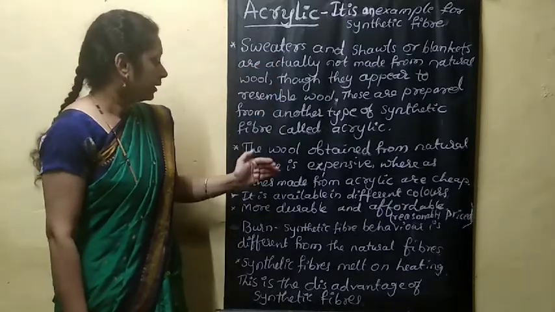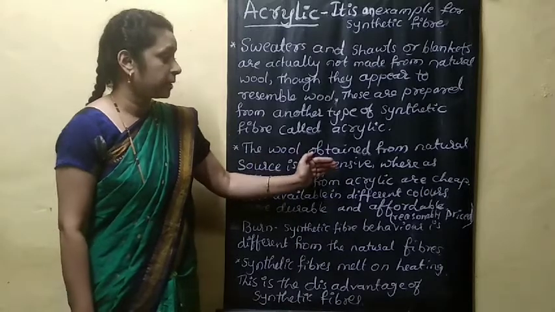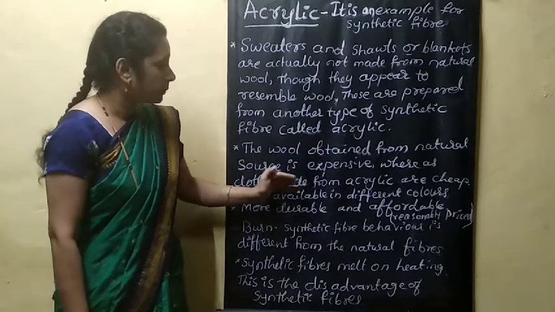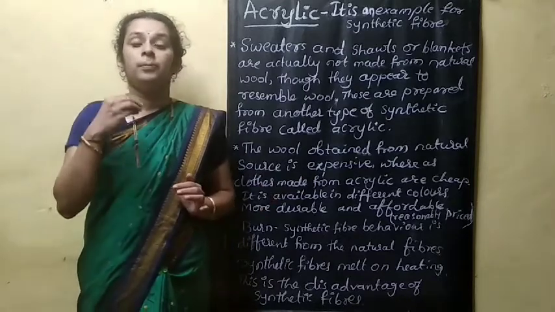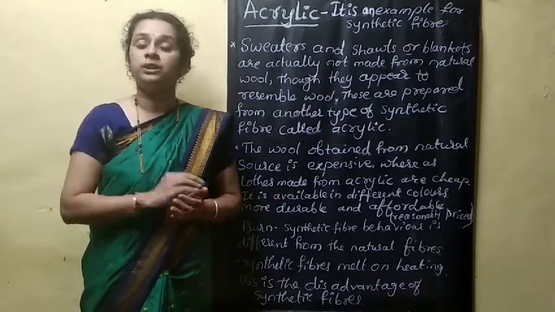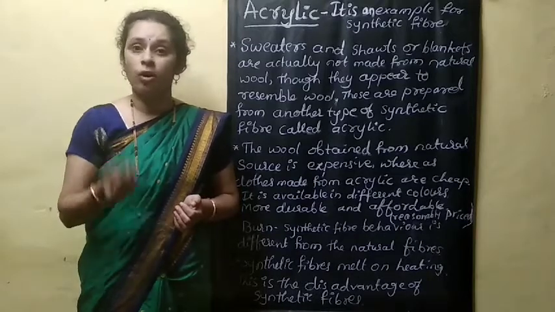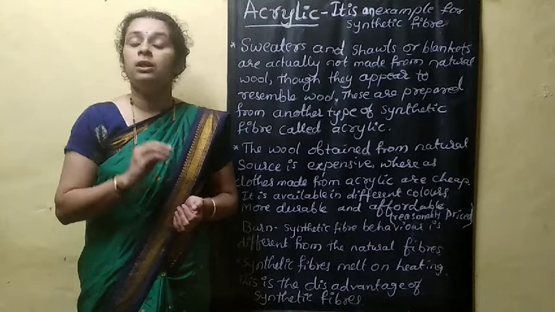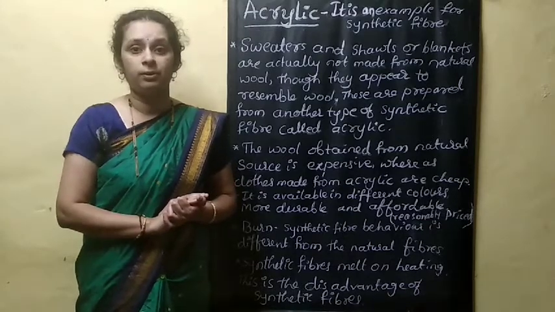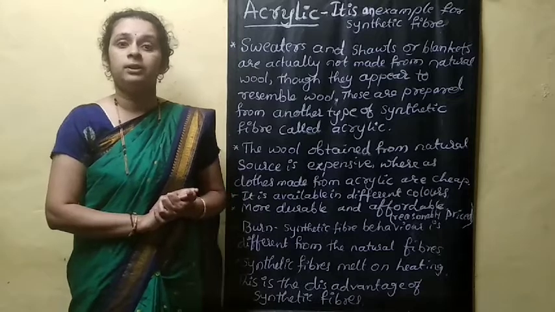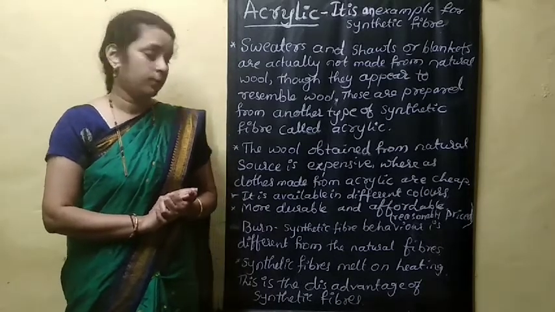The wool obtained from a natural source is expensive, whereas cloths made from acrylic are cheap. When you prepare cloths using natural wool, it is very costly when compared to cloths made from acrylic fiber.